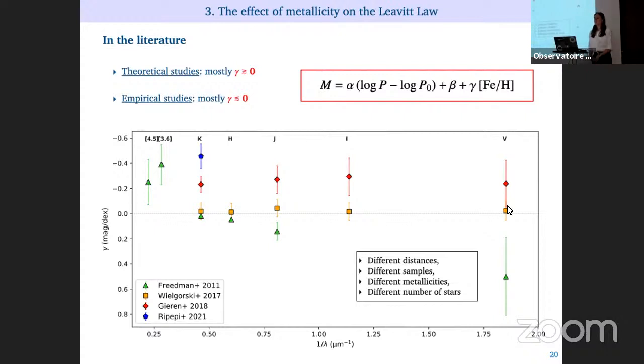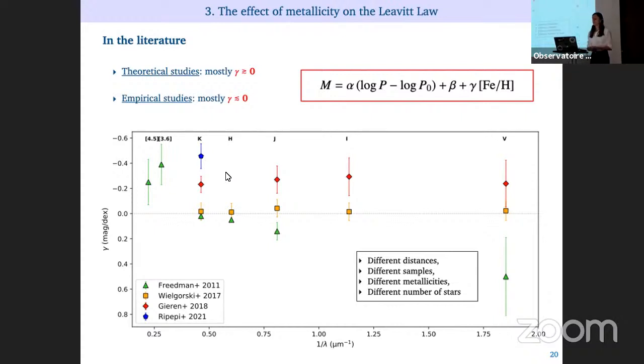They performed a Baade-Wesselink analysis of Milky Way, LMC and SMC Cepheids by deriving the distance to each Cepheid, and they obtained a negative value, which does not depend on the wavelength. And finally, very recently, Ripepi published new measurements of metallicities for Milky Way Cepheids, and they derived a very strong effect with a negative sign in the K-band, meaning that metal-rich Cepheids are brighter.